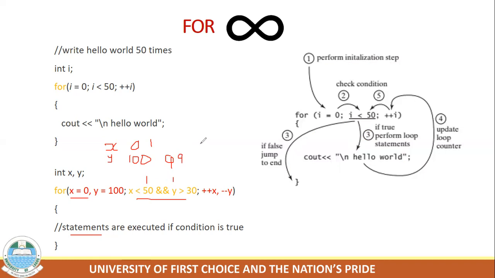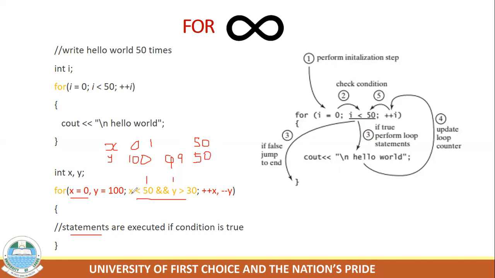Let's say you get to x is, let's just say your x is 50, then let's say your y is also 50.